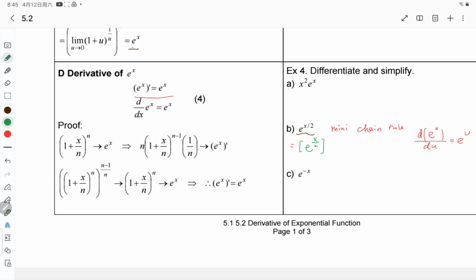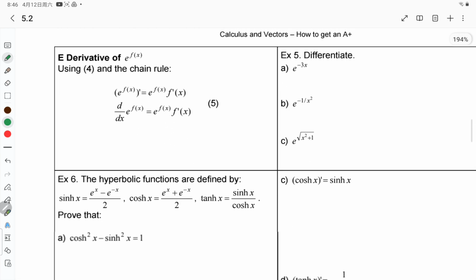Taking the derivative with respect to x over 2, and then we multiply by 1/2. Okay, so don't forget about this. And this is just like the product rule, right? And this is again like u equal to negative x, right? So if you're familiar, you can directly write the derivative as e to the negative x, and then times -1. As long as you learn this, this is fine. Okay.